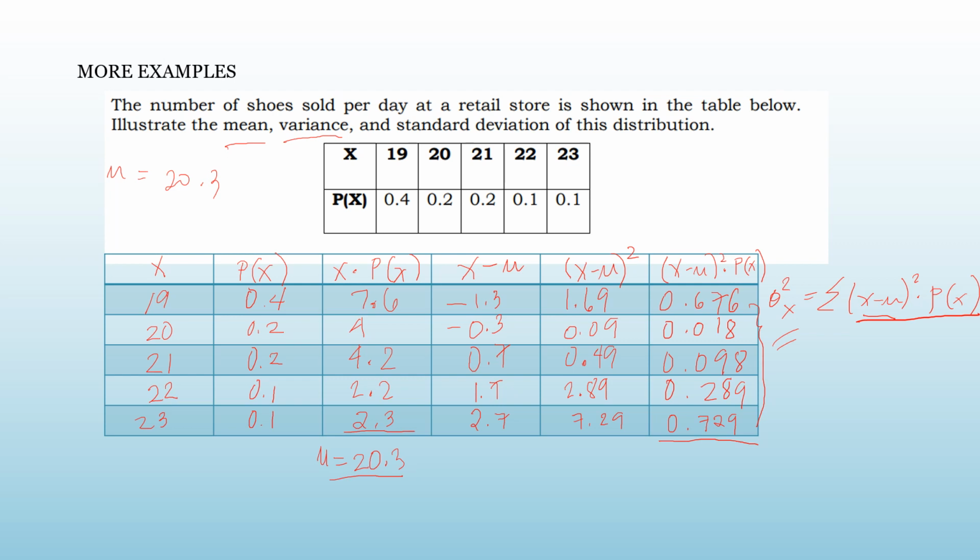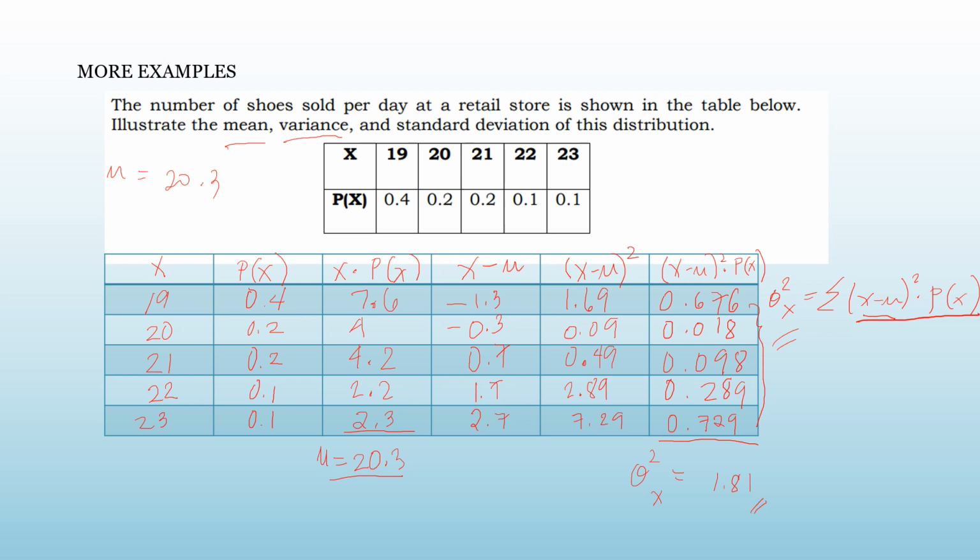So adding all of it, 0.676 plus 0.018 plus 0.098 plus 0.289 plus 0.729, what we have is variance is equal to 1.81. And this is our variance.